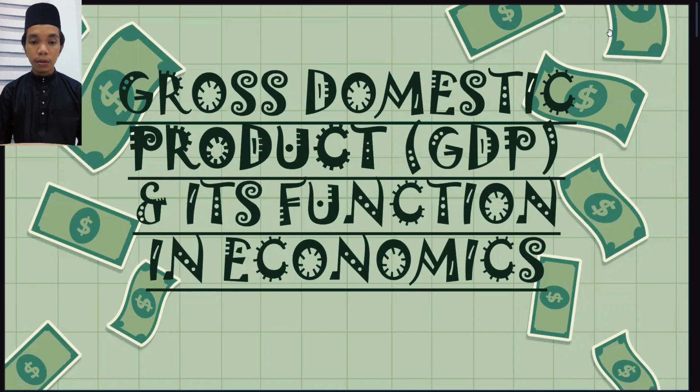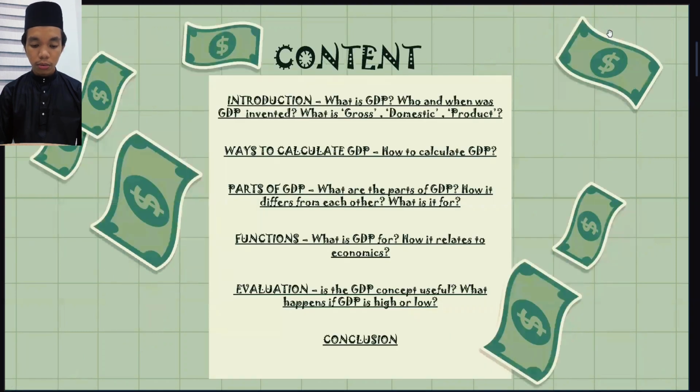So, in this video, my partner and I will be covering and explaining in detail gross domestic product and its functions in economics, which includes the definitions, how to calculate GDP, the two parts of GDP and how they differ from each other, what GDP is for, and how it relates to economics.